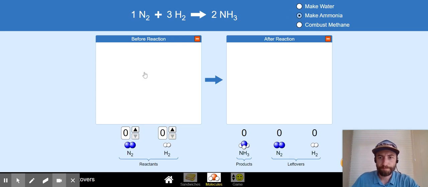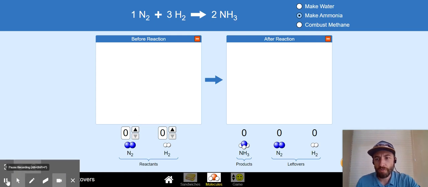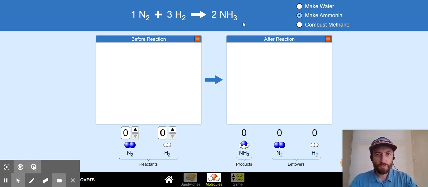So let's make ammonia. So the chemical equation for ammonia is that 1 molecule of nitrogen gas plus 3 molecules of hydrogen gas result in 2 molecules of NH3. And NH3 is the chemical formula for ammonia.